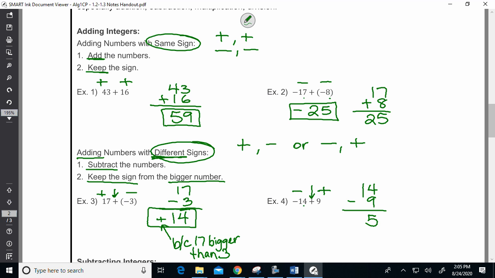You have a 14 and you have a 9. 14 is the bigger number, and it was negative. So you attach the negative sign. So this answer is negative because 14 was bigger than 9, sorry.